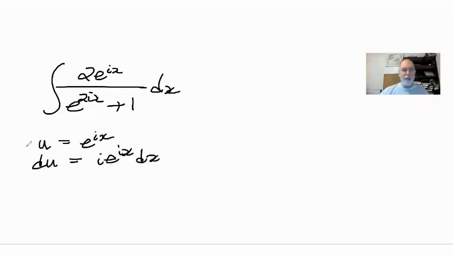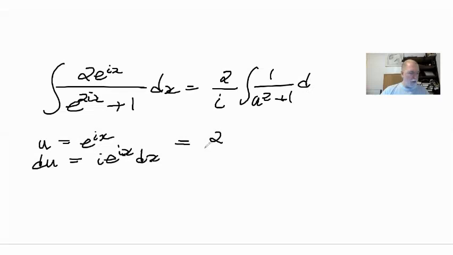Okay, so using this substitution, we end up with 2 over i times the integral of 1 over u squared plus 1 du. Okay, integrating this, we end up with 2 over i times the inverse tangent of u plus our constant.